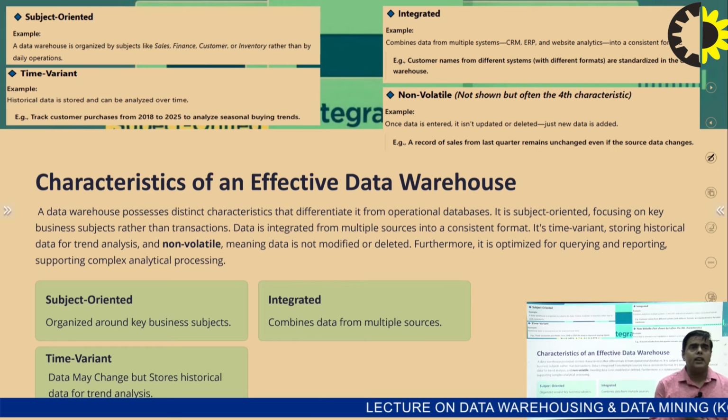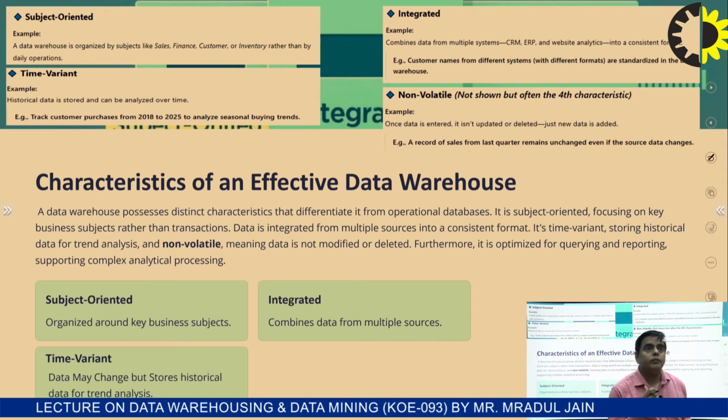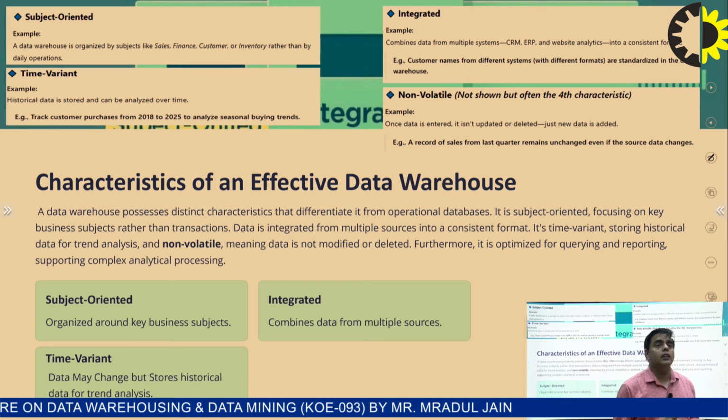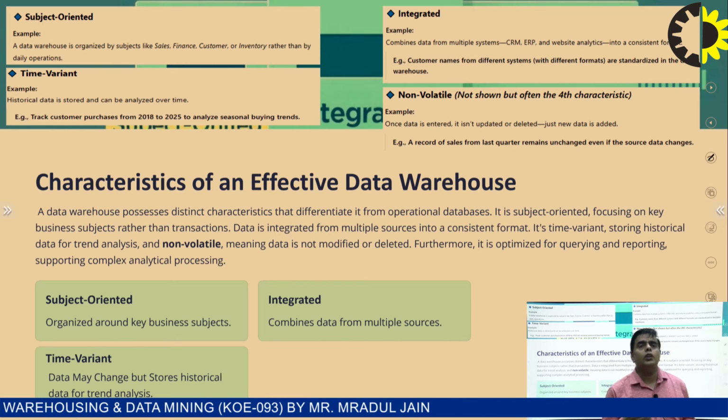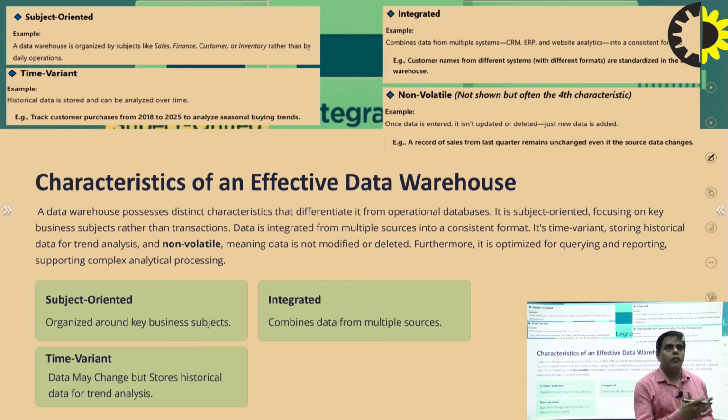We have already discussed that a company maintains a data warehouse, and the data is coming from different sources. These different sources may be the CRM, ERP, or websites, or any other format or source.